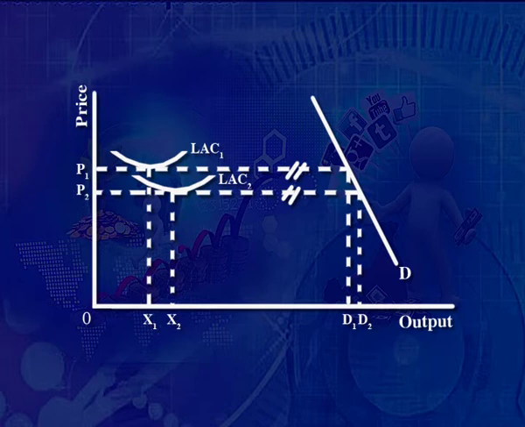In the long run, competitive equilibrium price will be P1 such that P1 is equal to LAC1 is equal to LMC1, which is not drawn, and there is a corresponding market demand D1 which is equal to a function of P1.